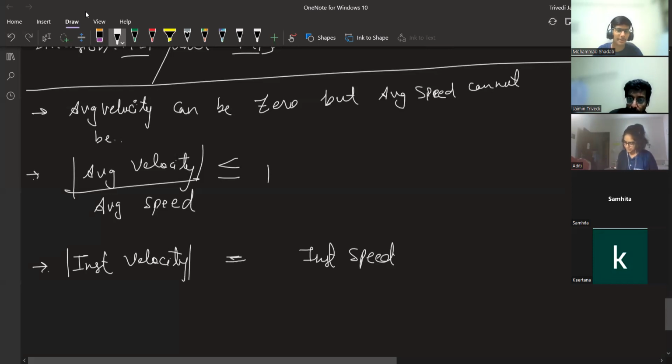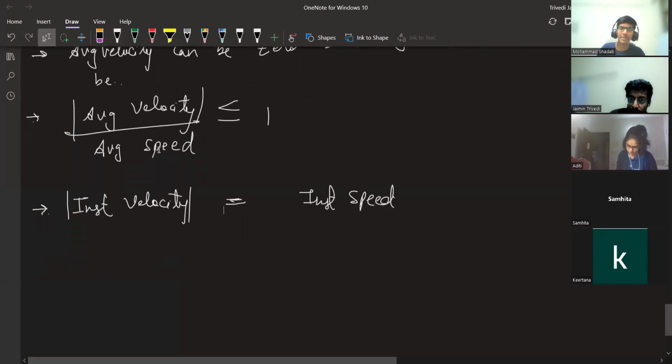When considering instantaneous speed or velocity, the points we take are super close, so that we get an accurate measurement of the slope at that point. There is still a difference between initial and final, although very minute. Can we consider it equal? Yes, we will consider it equal. So instantaneous velocity and instantaneous speed will be equal.